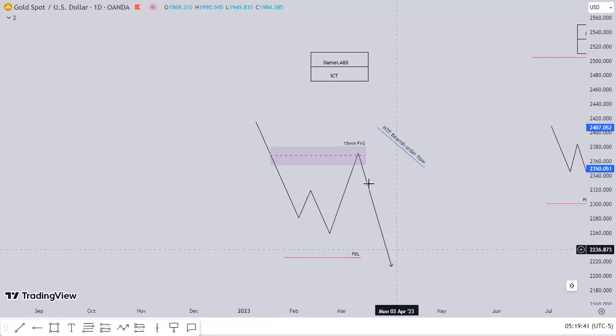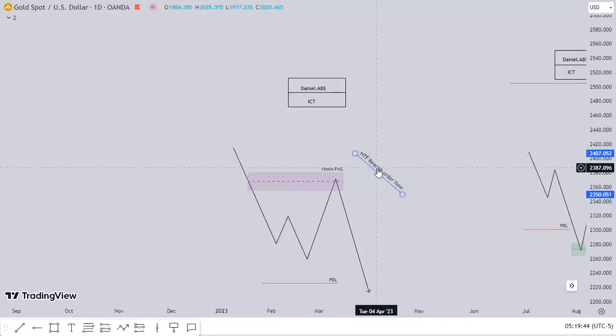Okay, so if we have a higher time frame bearish order flow, let's say you are watching the 4 hour, we have a bearish movement or bearish order flow, with lower highs and lower lows. So you must follow the 4 hour order flow.